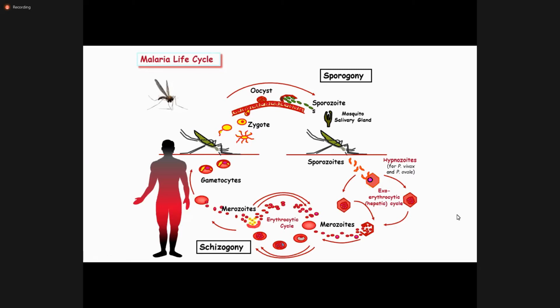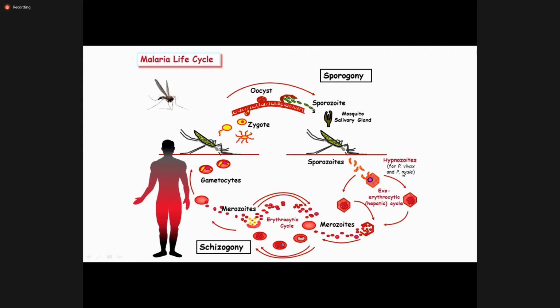From sporozoites, they enter mainly into the liver where they incubate, and they can also go directly to the blood. In the liver, the main form that causes the recurrence is Plasmodium vivax. Plasmodium vivax and Plasmodium ovale are the two malarial forms that cause the recurrence phenomenon.